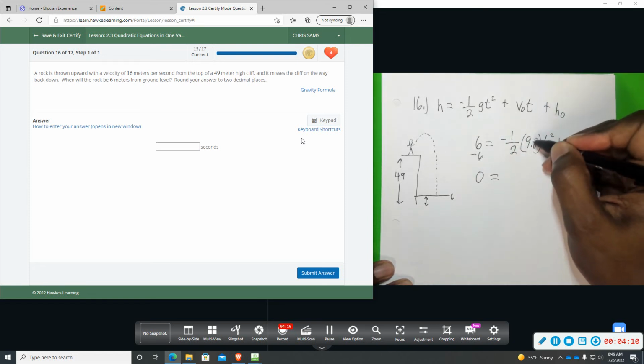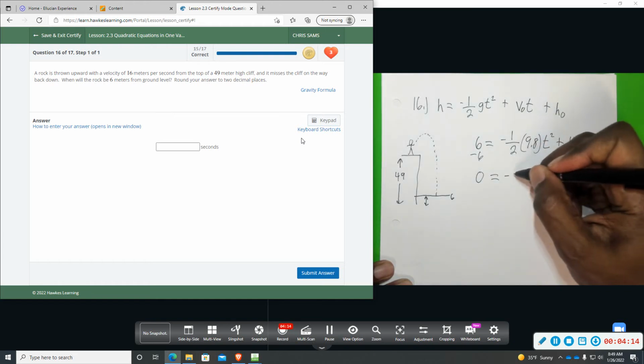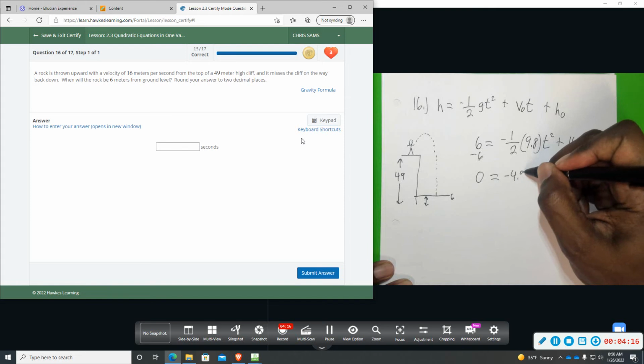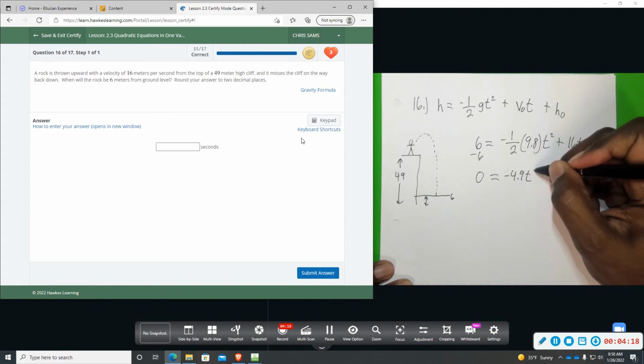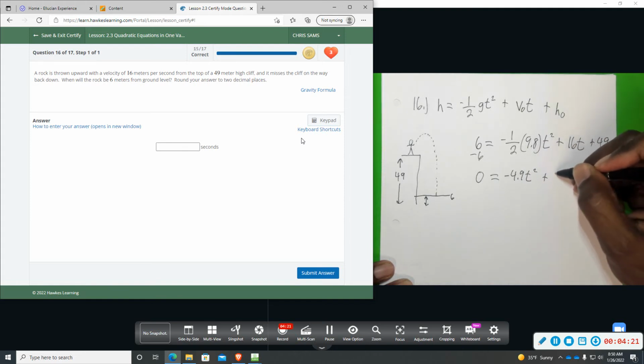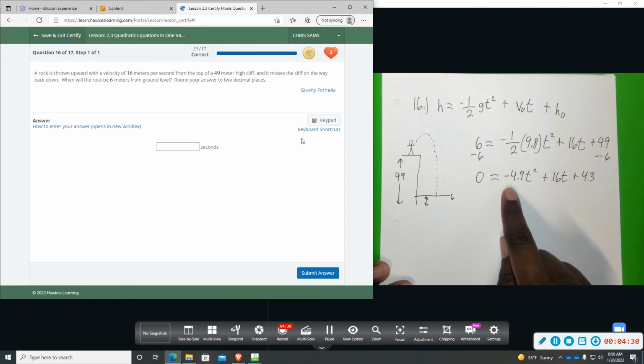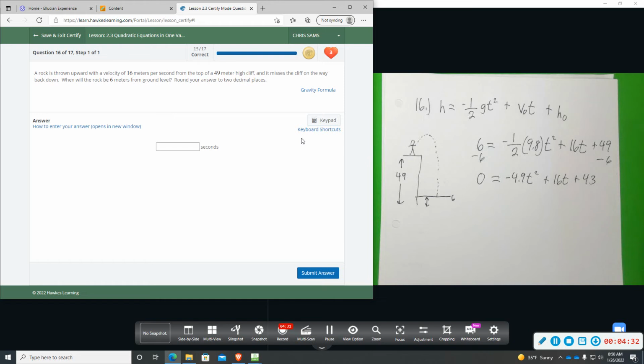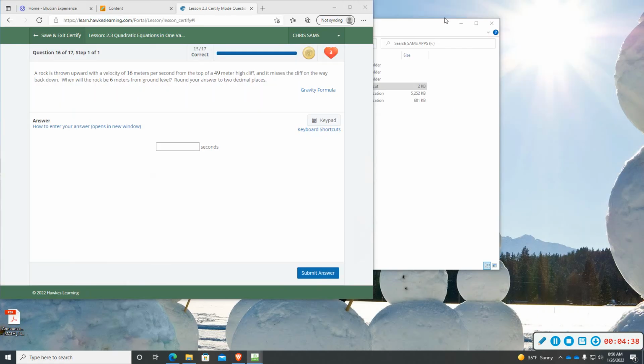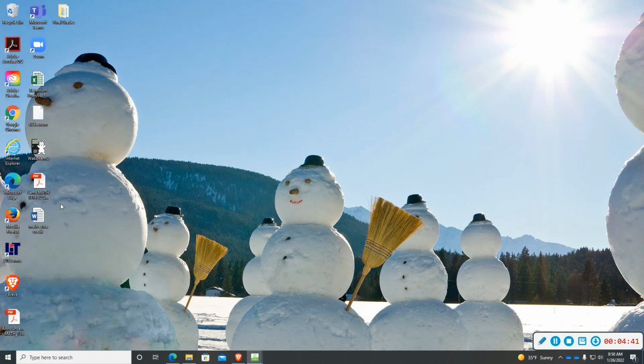Now half of 9.8 is going to give us a negative 4.9 t squared plus 16t, and then you subtract 6, and that will give us 43. Okay, so let's just double check everything just to be on the safe side. Want to grab that calculator.